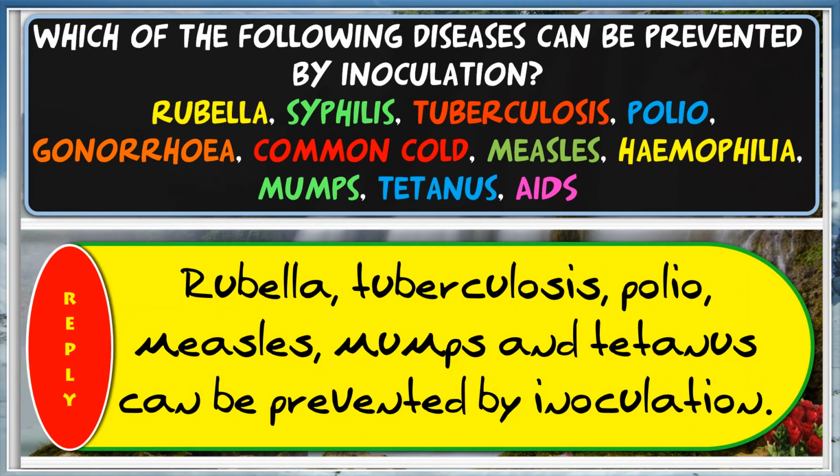Rubella, tuberculosis, polio, measles, mumps, and tetanus can be prevented by inoculation.